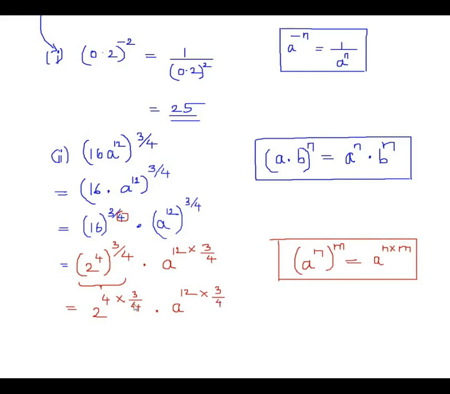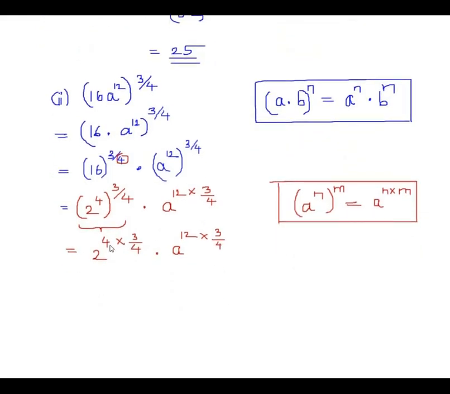Now fraction multiplication, we know that 4 times 3 over 4, we can cancel off this 4, 1 times, 4 1 times. Here also we can use the same thing: 12 times 3 over 4, 4 1 times, 4 3 times. So simplifying further, we can write it as 2. Over here only 3 has remained. So 1 times 3 is 3, into a to the power of 3 times 3 is 9.